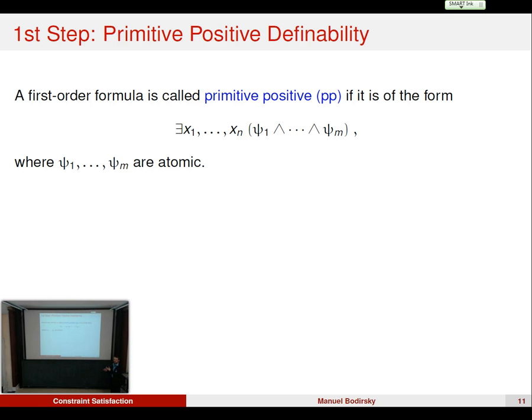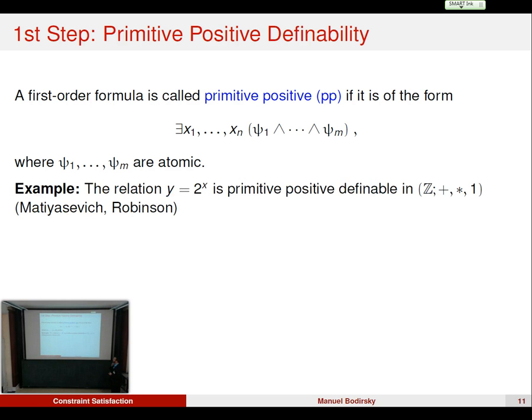Or is this an interesting concept? It's too simple. But it's definitely a nice concept, and it's sometimes complicated to decide whether something can be defined primitively positively. In some sense, you can view the work of Matiyasevich as a single primitive positive definition. The main missing step of Matiyasevich's theorem was the fact that the exponential is definable primitively positively over the integers. It can be done.